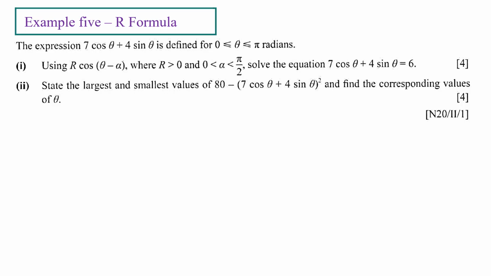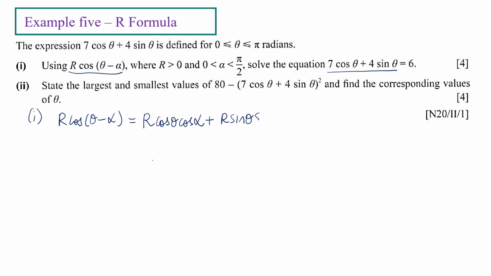Right, let's look at the last example. The last example involves applying the R formula. Let's look at part I. We're asked to use the R formula to solve this equation. Okay, so R cosine theta minus alpha, if we apply the addition formula, will give you R cosine theta cosine alpha plus R sine theta sine alpha.